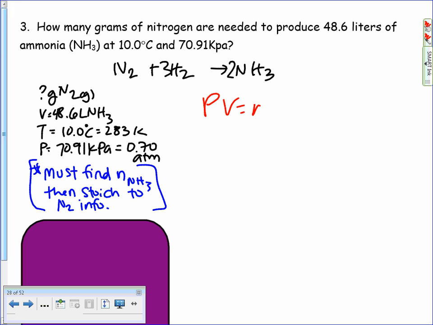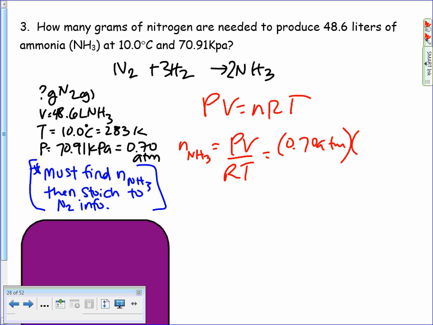PV equals nRT. You're going to solve for N, and I like to denote who I'm talking about, and this is ammonia in this case. With me, time. So PV equals nRT. Rearrange this to solve for N. PV over RT, and then plug in 0.70 atmospheres. V is 48.6 liters.